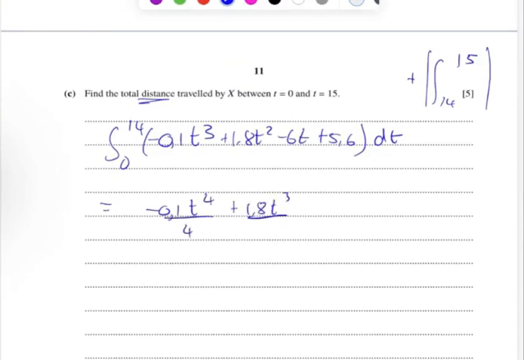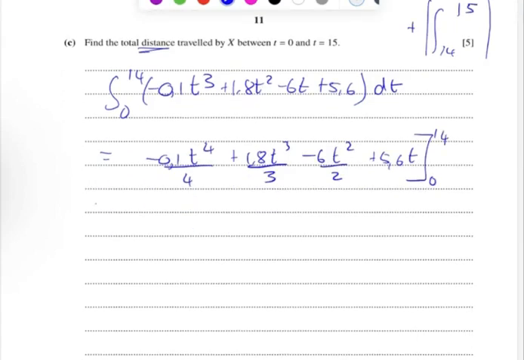So I'm going upper power divided by the new power. So this is 14 to the power 4.